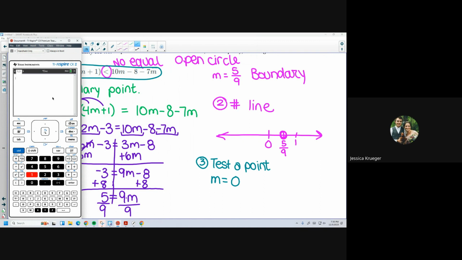First thing I want to do is store my variable as 0. So we start with 0. And if you look above the variable button in blue, it says store. So I'm going to hit Control and then store. And I'm going to store that as m. And I'm going to hit Enter.